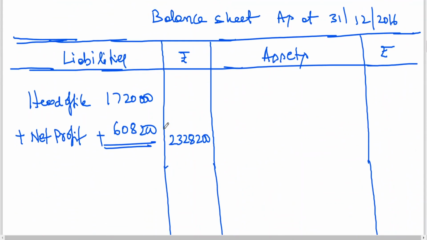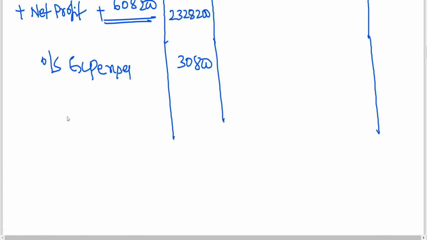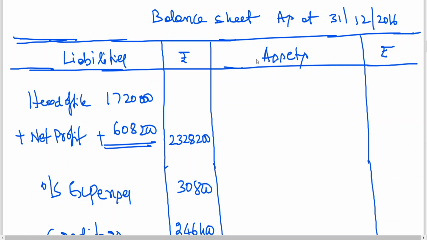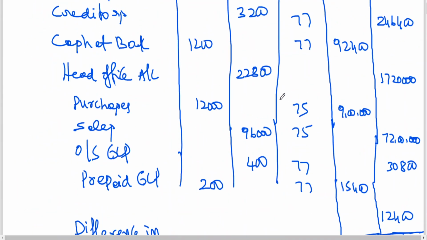So, outstanding expenses 30,800. Creditors 2,46,400 we have taken. Now fixed assets. Fixed assets we have taken already, 16 lakhs 80,000.